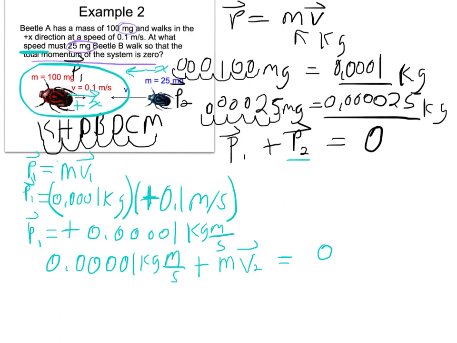So let's solve this for velocity. I'll move over the term we already have here, and I get m2v2 equals negative 0.00001 kilogram meters per second.